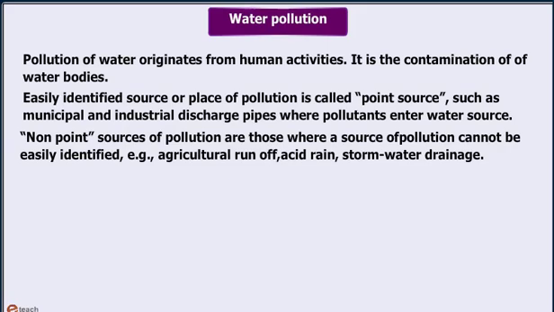Non-point sources of pollution are those where the source of pollution cannot be easily identified. Example: agricultural runoff, acid rain, stormwater drainage.